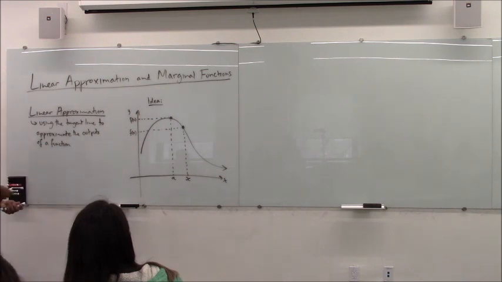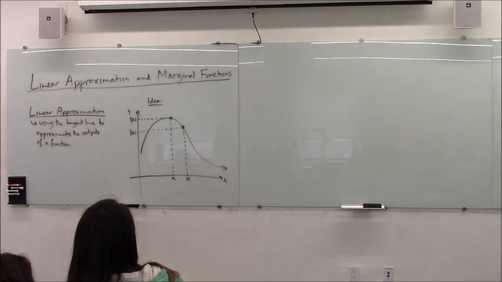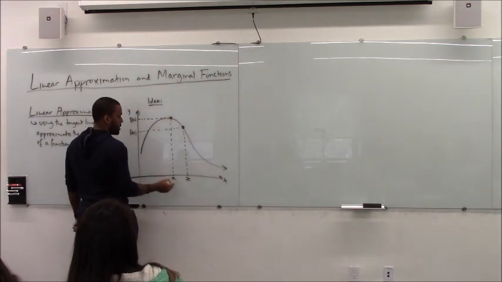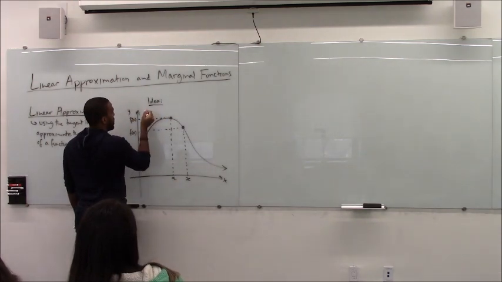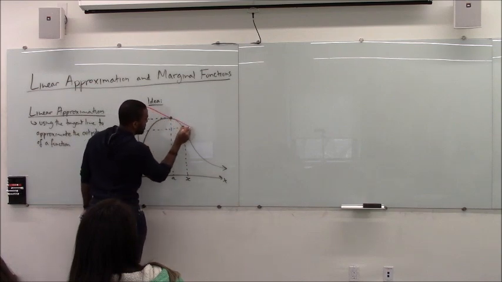So the idea here is, let's actually use a tangent line. Because I know this coordinate, and let's say I also know enough to get a tangent line going through that point.